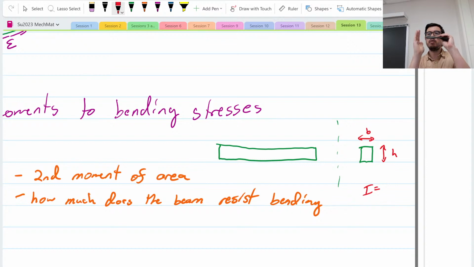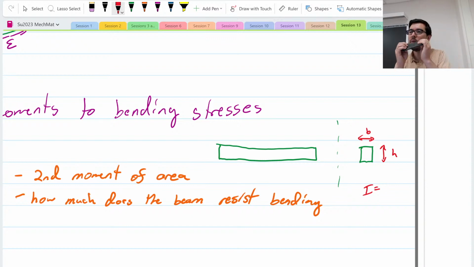If I increase the width of the beam, so I'm standing on the beam, right? Do I get more resistance if I increase the width this direction, or if I increase the thickness if I'm standing on it and I want it to bend less? Where do I get more bang for my buck? The height. The height, right? Exactly, right?